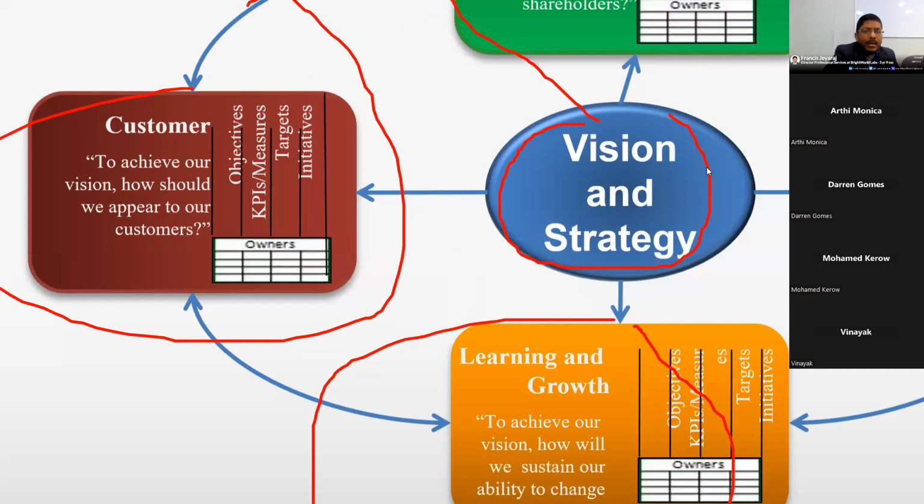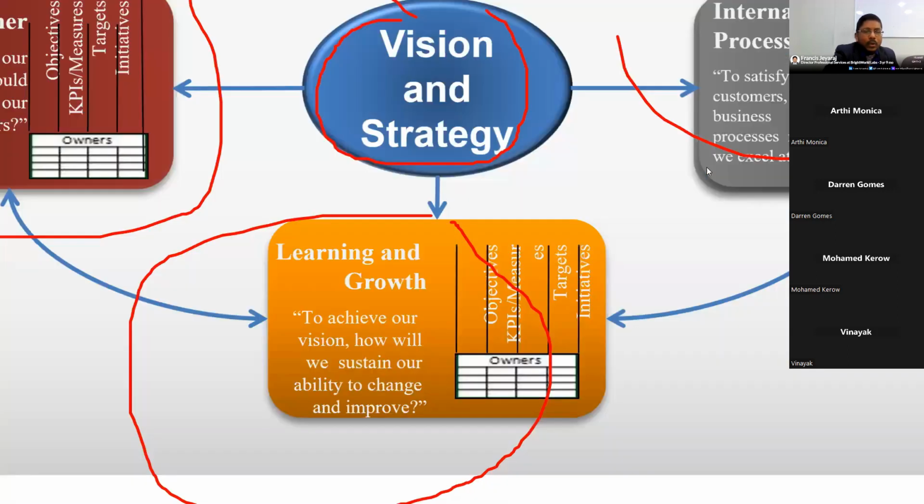Then learning and growth. See here, to achieve our vision, we're always talking about linking with the vision and strategy. How will we sustain our ability to change and improve? Through various means, you may have KPIs to increase the skill level upgradation, and you may have targets, and take related initiatives.